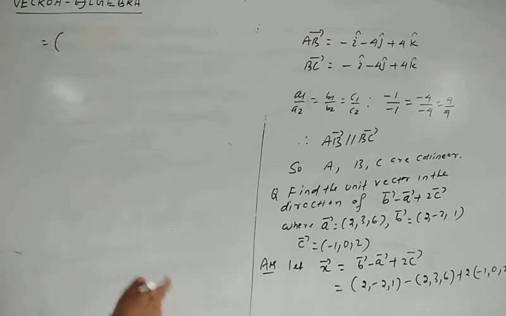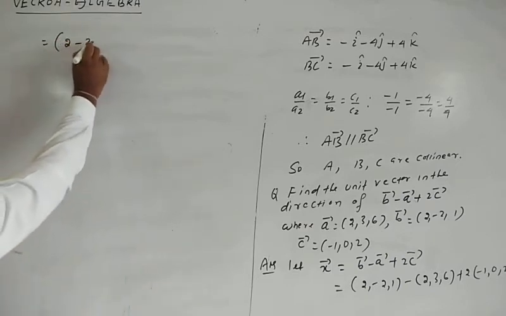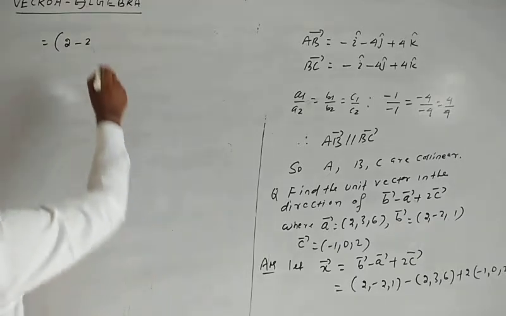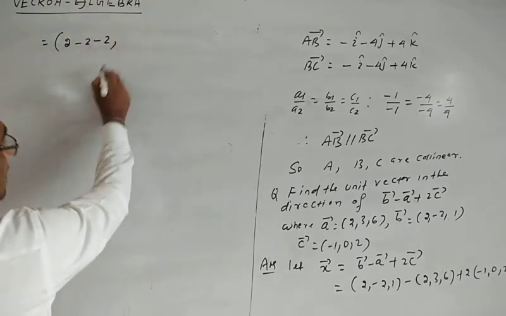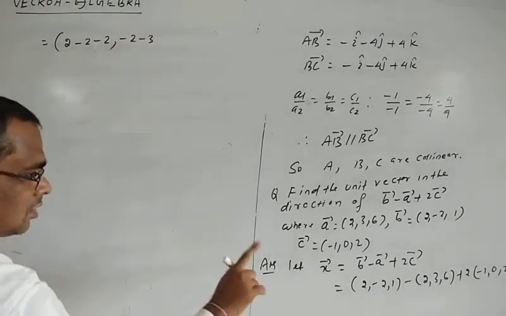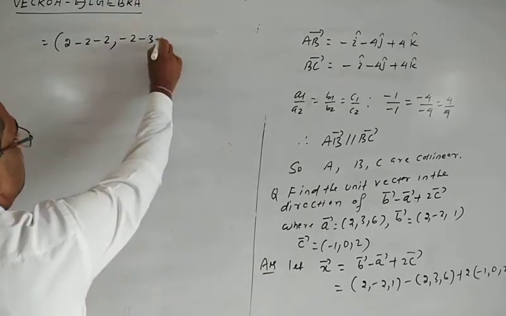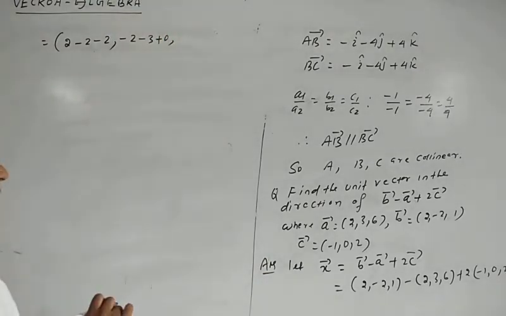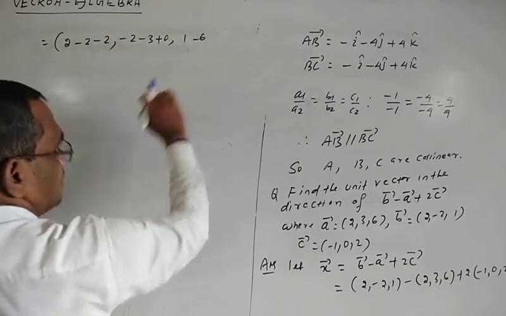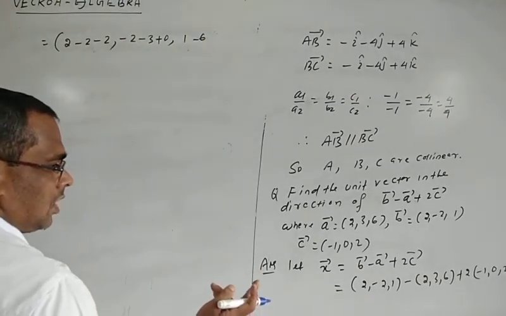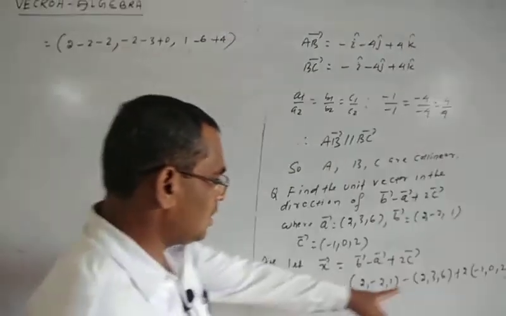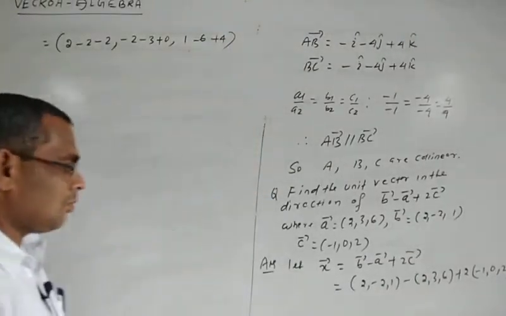This is equal to 2 minus 2, 2 into minus 1 is minus 2, so minus 2; minus 2 minus 3; 0 plus 0; then 1 minus 6 plus 4.